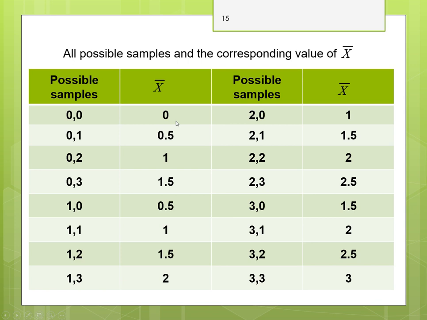So the probability for 0 of X bar should be 1 divided by 16. Okay, so what is the probability for 0.5? We can find that 1, 2, there are two numbers of 0.5. So the probability for this number 0.5 should be 2 divided by 16.